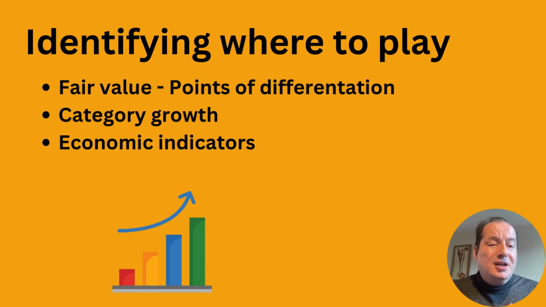Which categories actually are identified as core growth categories? So if you look at the Netherlands, for example, Albert Heijn, the largest supermarket, has identified chocolate as one of the differentiating categories for them. So they are trying to be the biggest in chocolate and having the most varieties and all sorts of gourmet and exotic flavors, basically.